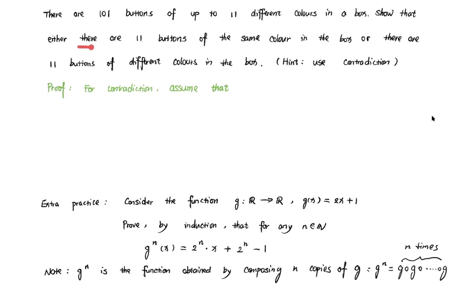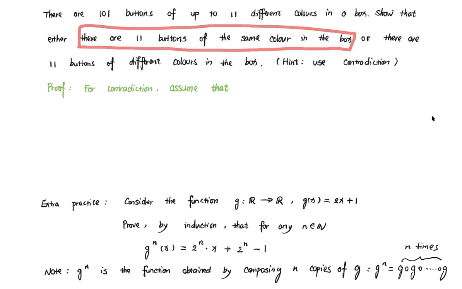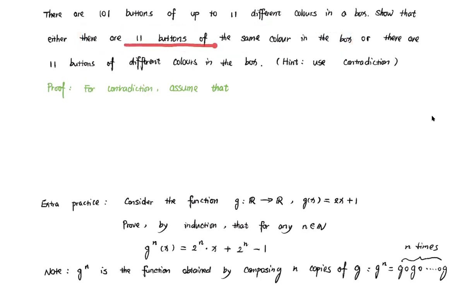Negate: there are 11 buttons of the same color in the box. Some of you said there are no 11 buttons of the same color. But what does that mean? No 11 buttons of the same color means that we have at most 10 buttons of the same color. Do you guys agree? Up to 10, not at least 10.